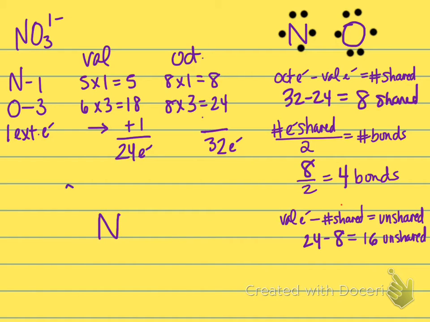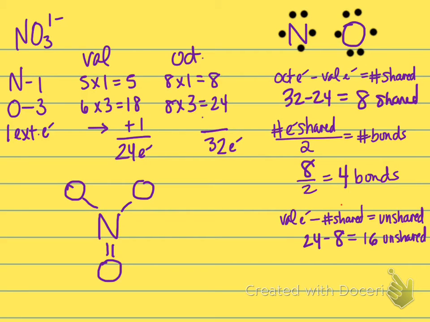It does. So I know that I have these 3 oxygens, and they have to be bound to the nitrogen at least once. So I'll put a single line from each oxygen to the nitrogen, but that only gives me 3 bonds, and I know I need 4 bonds. So that means I have a double bond.